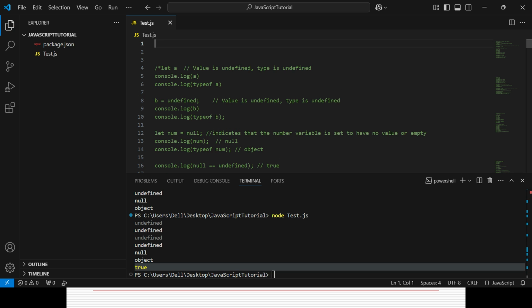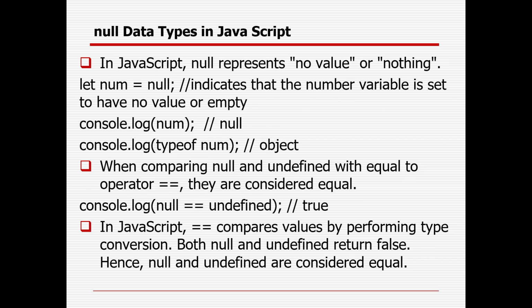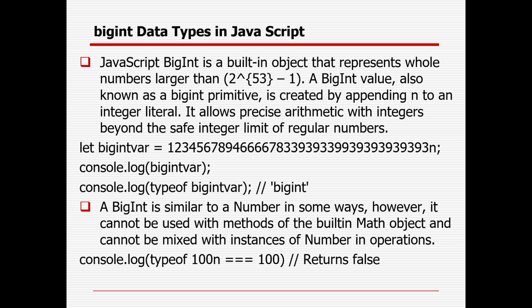The last one from today's topics I'll cover is the BigInt data type. So you have already seen the data type called number, where you can give a decimal value or a value without a decimal as well. In case you are not giving any decimal value, it will be considered an integer. In case you are giving some decimal value, it will be considered a float.